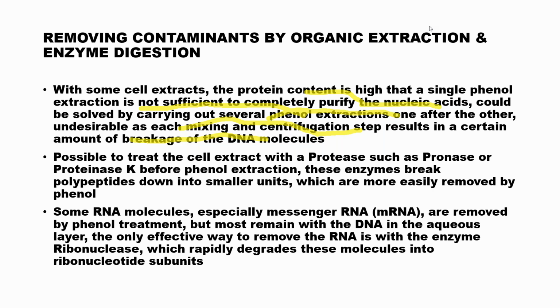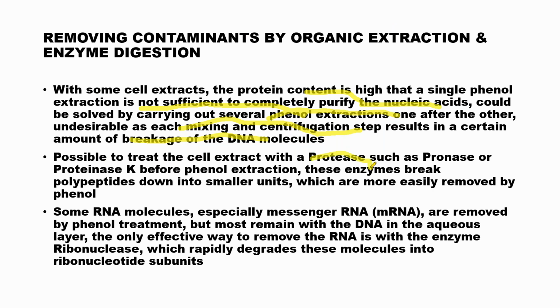Okay, so in certain bacterial cells the protein content will be more. With a single phenol chloroform extraction we may not be able to purify it. In that case, if we perform more than one phenol chloroform extraction step by step, there is a possibility that the DNA molecules will be broken. So what can we do in that case? It is possible to treat the cell extract with a protease.